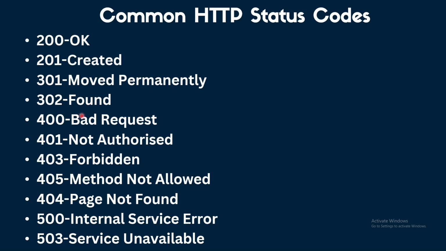It basically means a resource requested has been temporarily moved to the URL given by location header. If you don't understand, I am going to explain header later, don't worry.